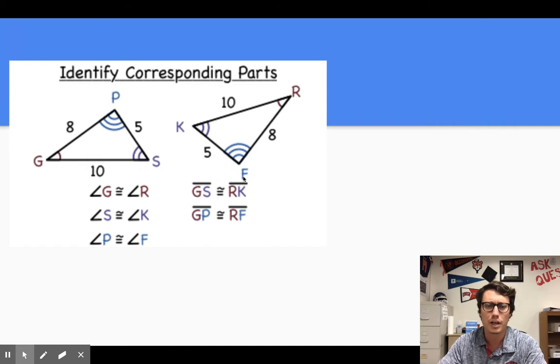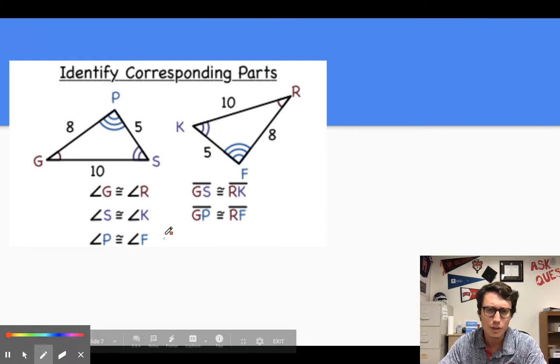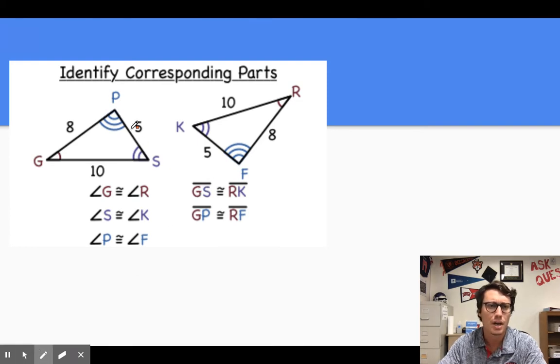Notice here they only gave two options for the side lengths. So we can write in that third one, GS, right? Side length GS here is congruent and corresponding to RK, which is there. And sorry, if I want to be more accurate, I should use congruence lines. Line segment GP, GP is 8, congruent and corresponding to RF, which is also 8.